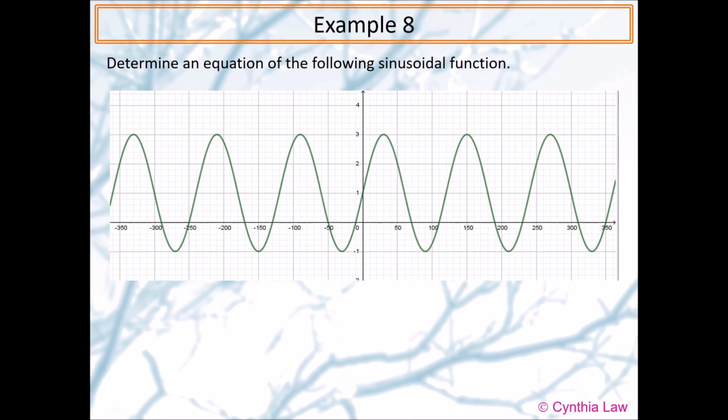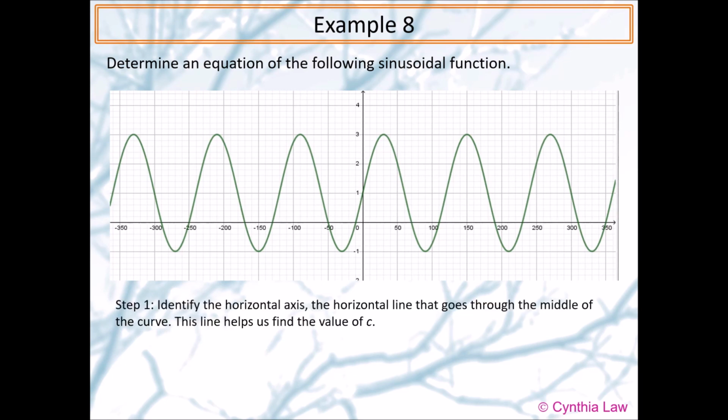Example 8. Determine an equation of the following sinusoidal function. So here we have a graph, and we want to figure out what the equation of this graph is. Step 1, identify the horizontal axis, the horizontal line that goes through the middle of the curve.